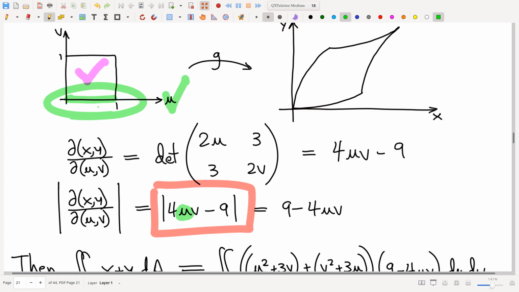Likewise, I can see what v is doing. V, oh, there it is. V for my entire new domain is always between 0 and 1. So now we have an easy question. uv is always less than 1. 4uv is therefore always less than 4. When I subtract 9, always negative.